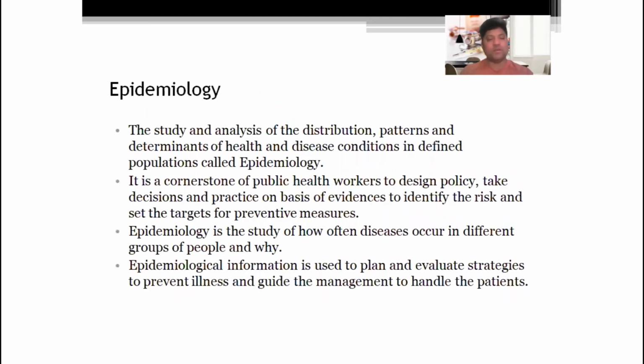Okay, before moving forward, I would like to talk a little bit about epidemiology. The study and analysis of the distribution pattern and determinants of health and disease conditions in a defined population or in particular people is called epidemiology. It is a cornerstone of public health work, to design policy, take decisions, and practice on the basis of evidence, to identify the risk and set the targets to prevent the disease.